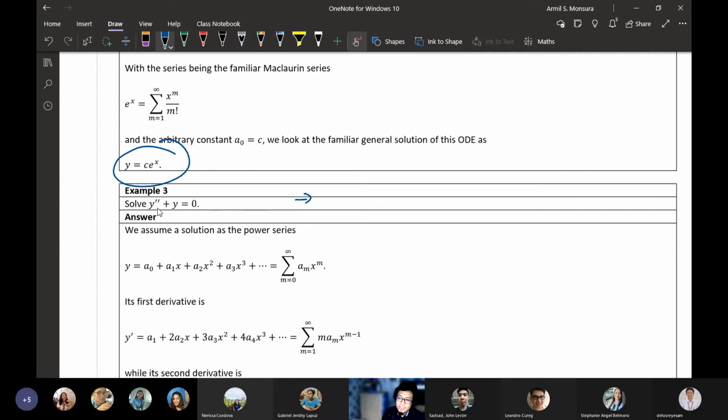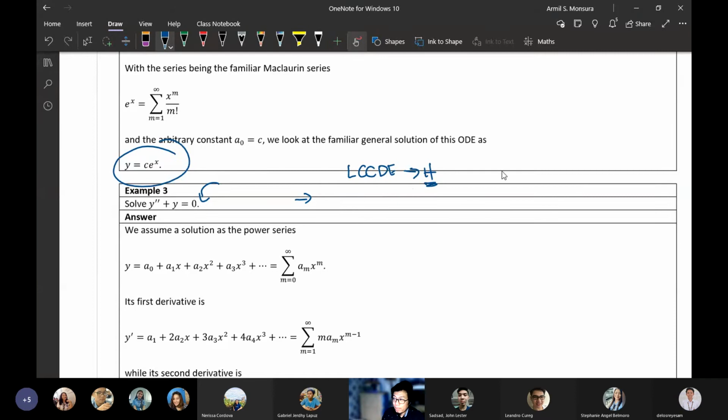Now, since this is a linear constant coefficient differential equation that is homogeneous. Homogeneous because the right side is 0. It's non-homogeneous when this has a value or this is a function of x. Okay? Pero in this case, this is 0.